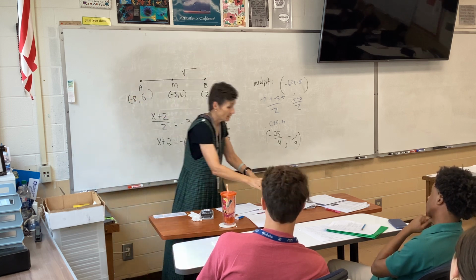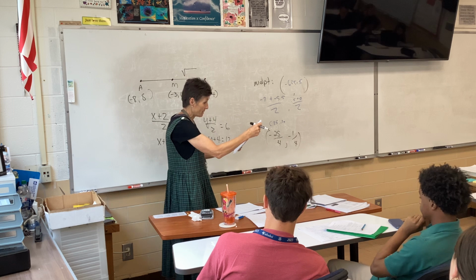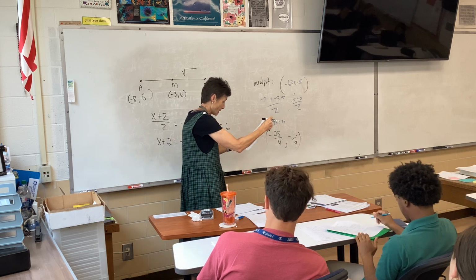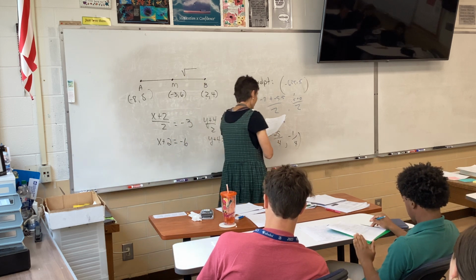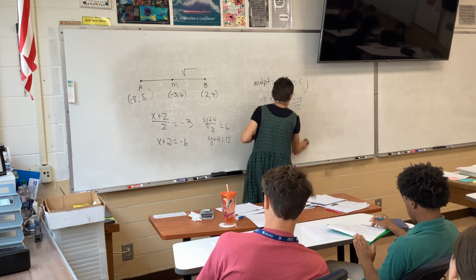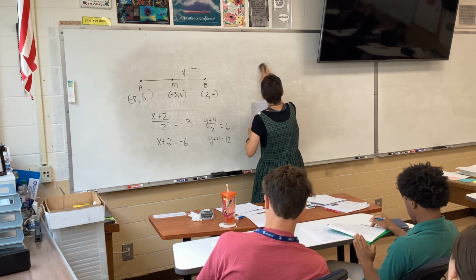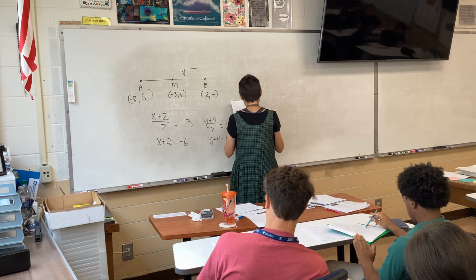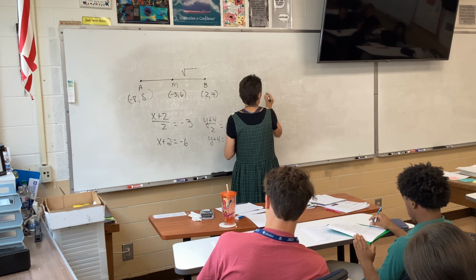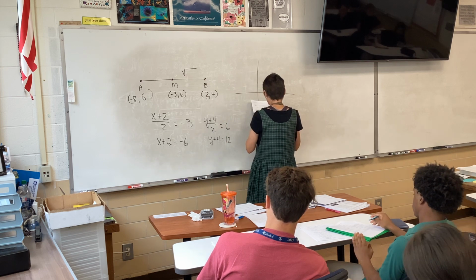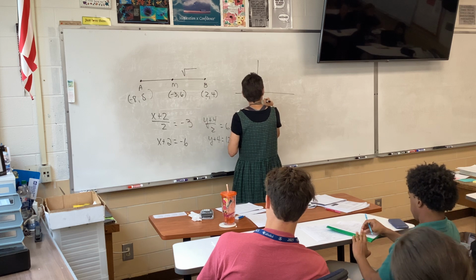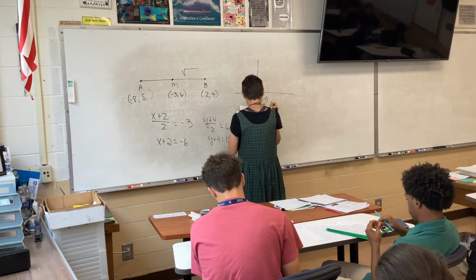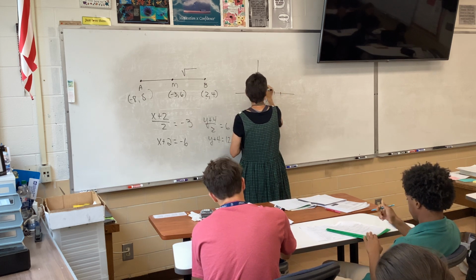All right, one more, and then I will shut up, I promise. Find the area and perimeter of this triangle. So we have (0, -1). We have (4, 4).